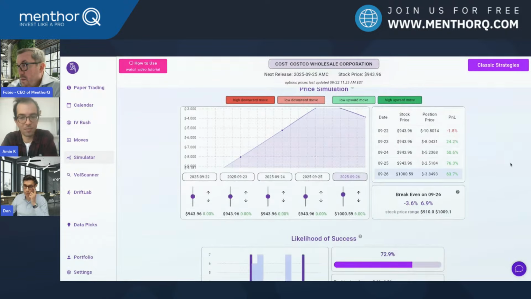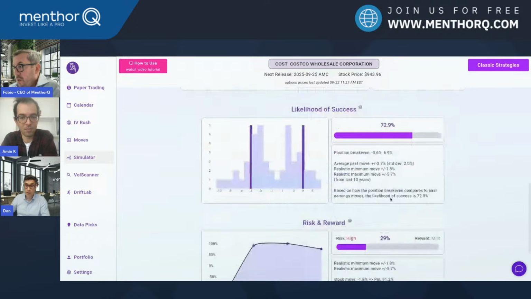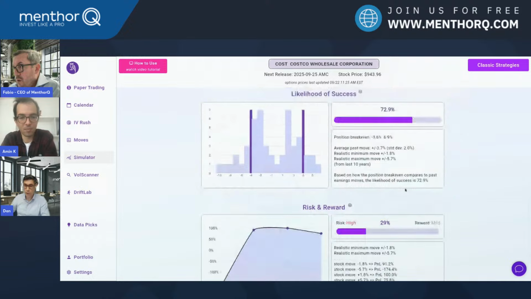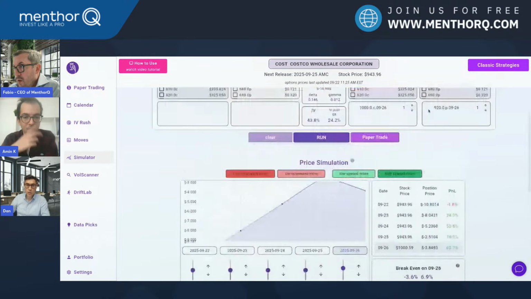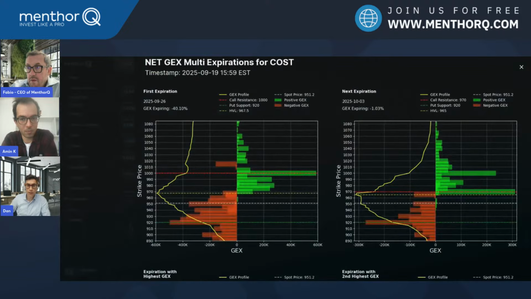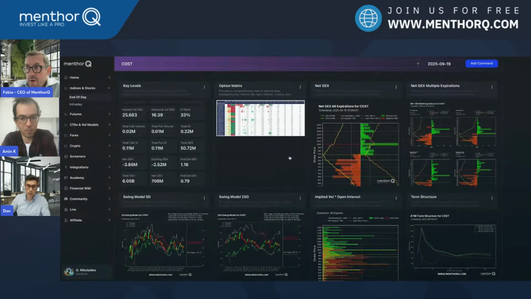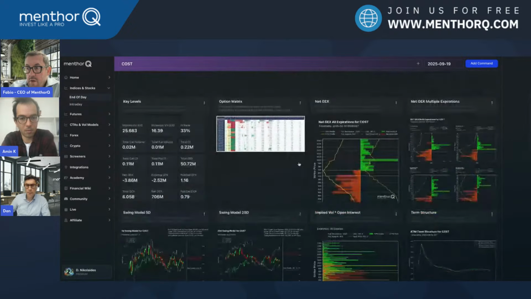This is just statistics. You see here on statistics, this is a high likelihood of success, but risk reward is warning us. So basically, we saw in the data that yes, the most calls are sitting, and the open interest is sitting at 1,000, but we saw something else. Let me go back here to MenthorQ, and then we can see how we can bring this together with the statistics we got from EarningsWatcher.